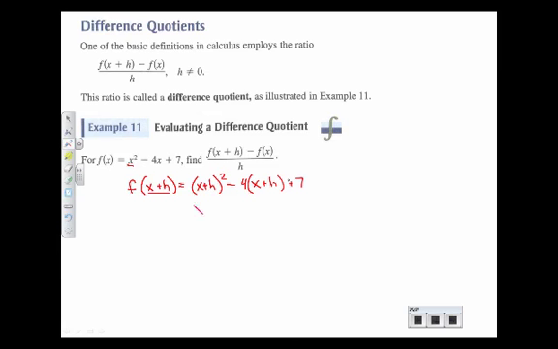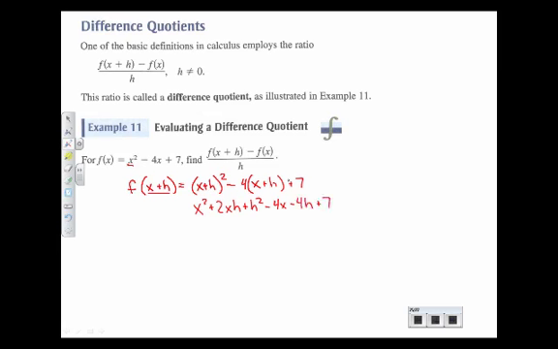Let's go ahead and expand this. x squared plus 2xh plus h squared, minus 4x minus 4h plus 7.